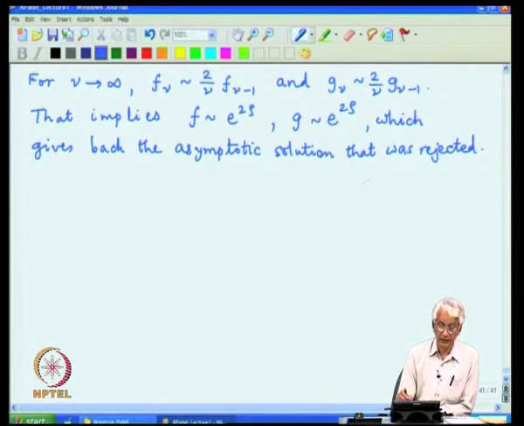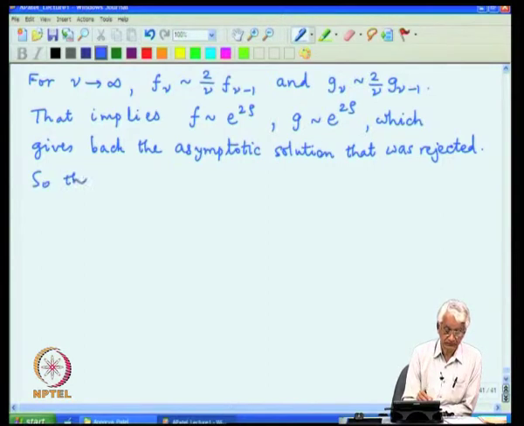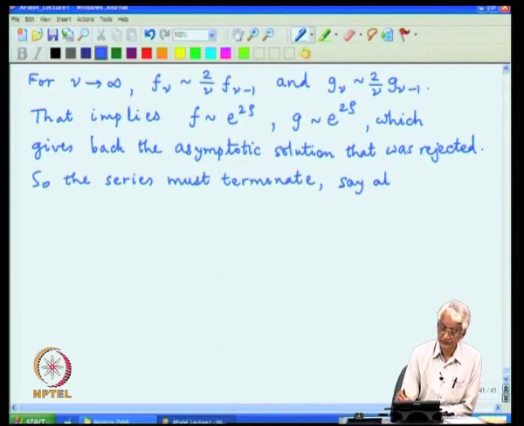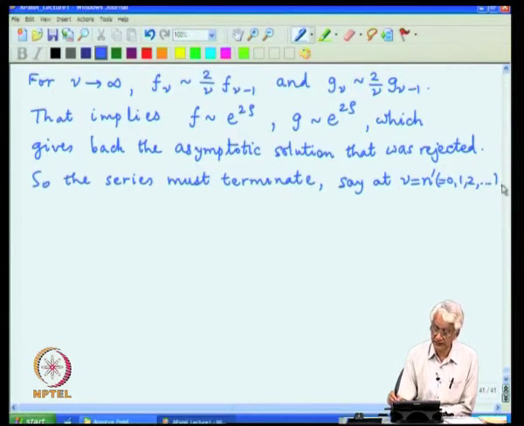The only way out is to make that series terminate at some value of the index nu, and this number can be any integer which appears in the series expansion.